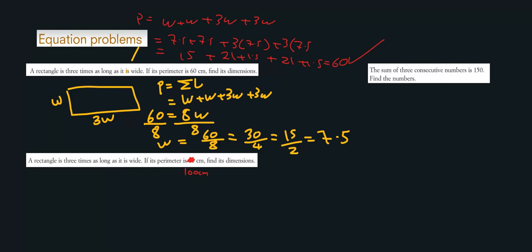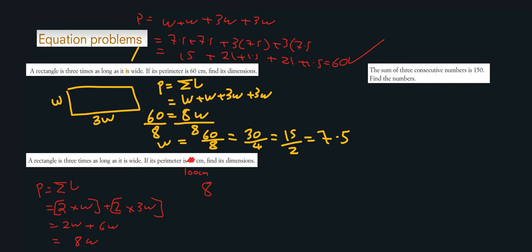Okay, so hopefully you've done that now. So the perimeter is the sum of the lengths. And I hope you can recognize that we've got 2 w's here. And then we've got 2 multiplied by 3 w's here. So this gives 2w plus 6w, which gives 8w.